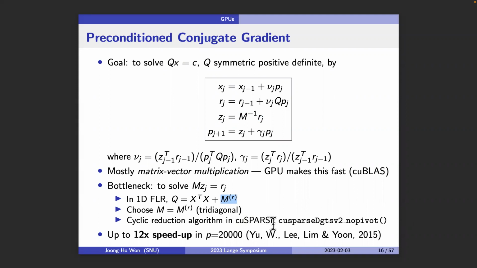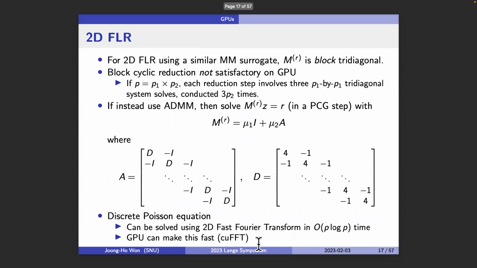And the specific function name is also available. So that was a savior. And I was able to get, say, 12x speedup for a 20,000 dimensional problem. And then I got into this 2D fused lasso problem. That's actually used for this image-based regression problem.